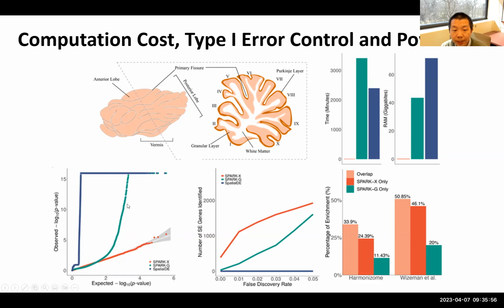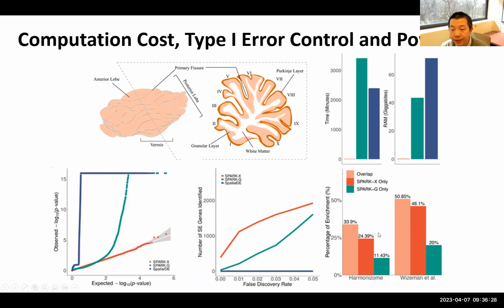The Gaussian version of SPARK gets inflated because it models the count data after normalizing with a Gaussian distribution, while SpatialDE shows even more inflation. Certainly in this case, if you apply SPARK, it will still sit on the diagonal. It's just not that scalable. And in terms of power, you can see that SPARK-X is more powerful than the Gaussian version of SPARK and SpatialDE as well. Certainly if you apply SPARK over here, it will be more powerful than SPARK-X. But scalability is the main concern with SPARK.